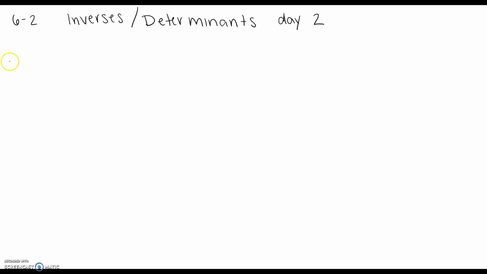So the first type of problem we are going to try is going to be determining if two things are inverses.